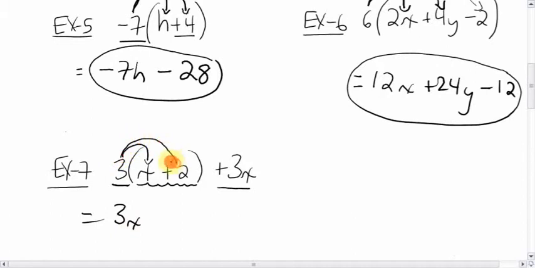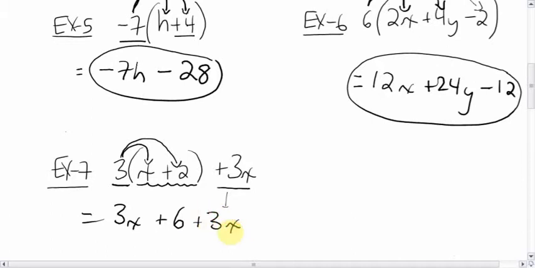The 3 times the positive 2 is positive 6. What do you think we do with the 3x? Is the 3 going to multiply it? No, it's not. It's on land. So what we do is we just simply bring down the 3x, the positive 3x.